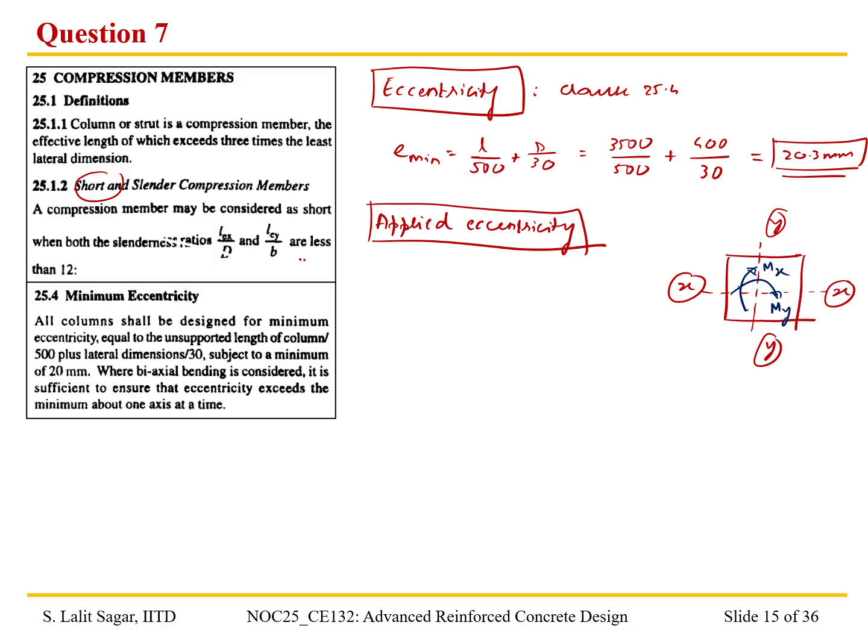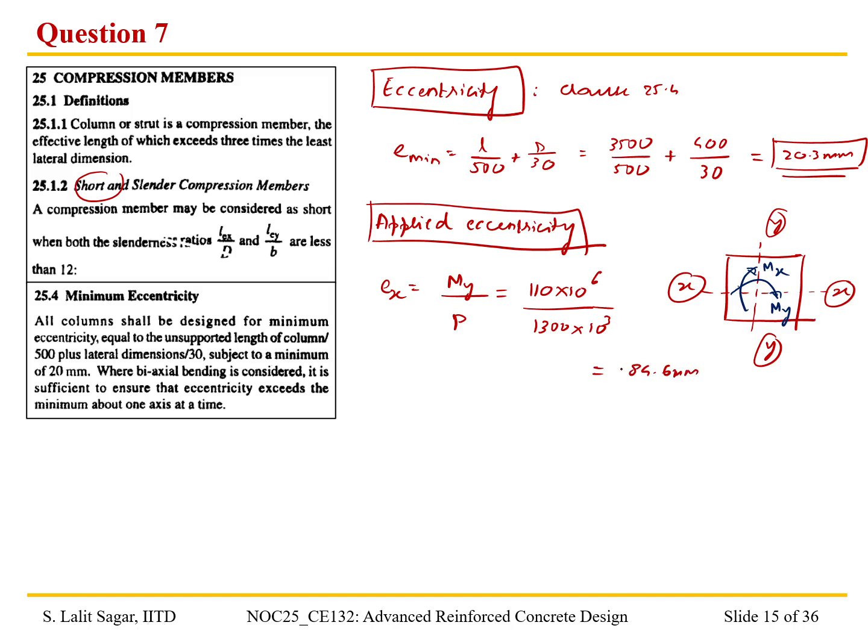So ex is given by Muy divided by P, that is 110 into 10 to the power 6 divided by P, which is 1300 into 10 to the power 3, which gives us a value of 84.6 mm.